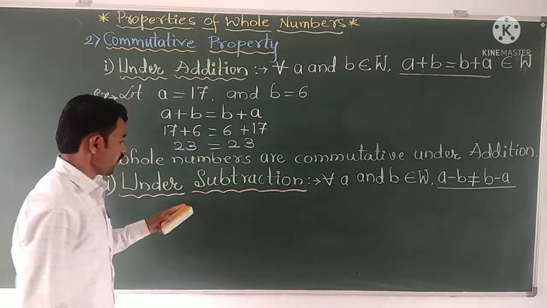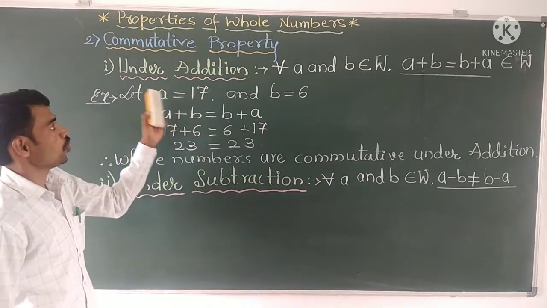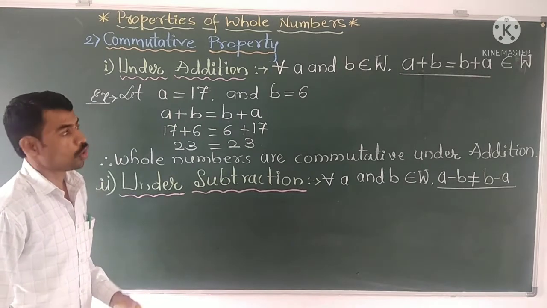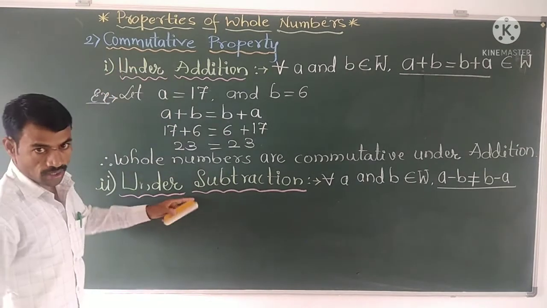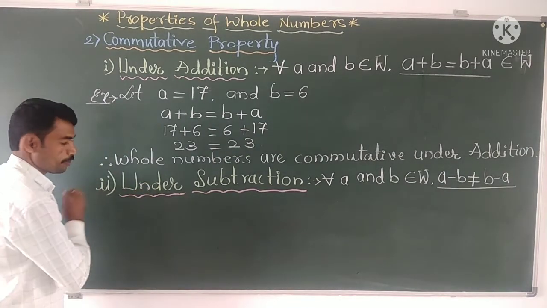Which condition? That subtraction of whole numbers is not commutative. Clear? So you can take some examples.